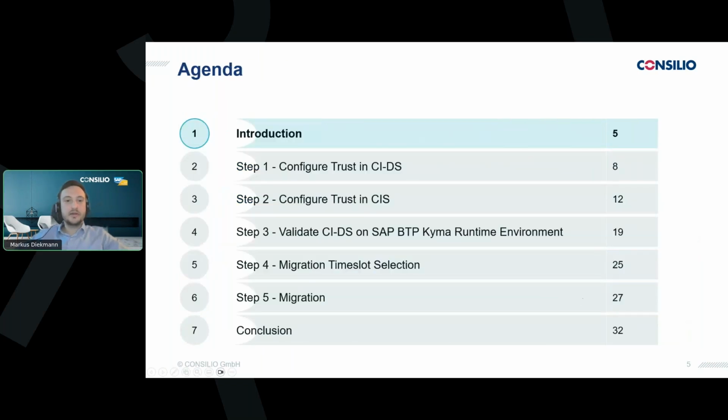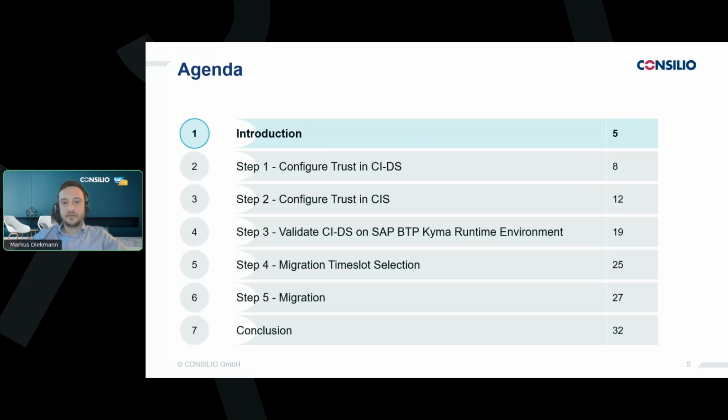Let us have a look at the agenda. We will start with an overview of the key points of the migration. Then we will walk through the 5 migration steps. So we need to configure a trust in CIDS, the identity provider. Then we will configure the trust for the Cloud Identity Services CIS to trust the CIDS.